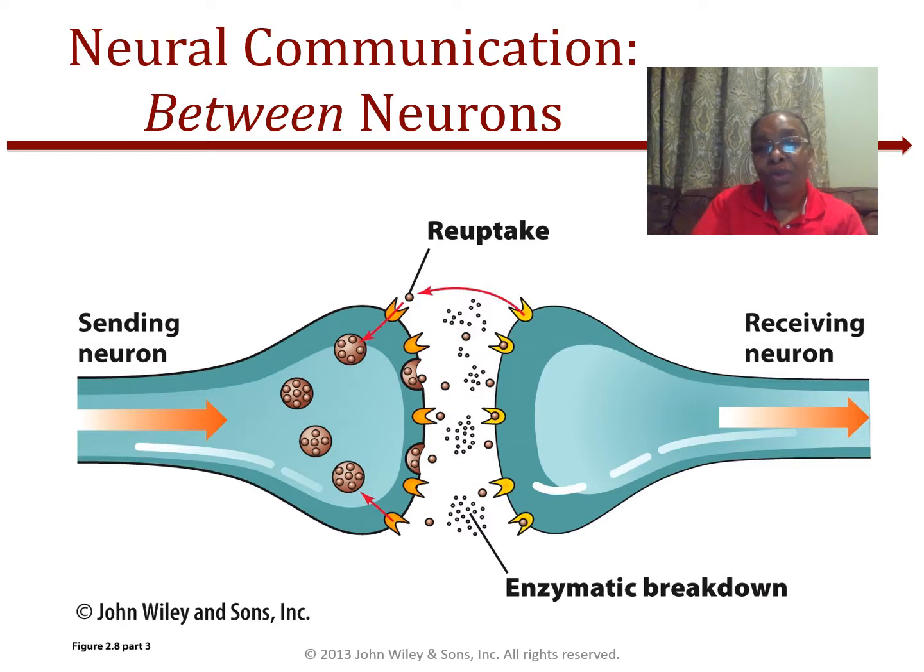Given that some neurons will have thousands of receptors, which are only responsive to specific types of neurotransmitters, what will happen to excess neurotransmitters, or to those that don't fit into those adjacent receptor sites, is that the sending neuron normally will reabsorb the excess, and this is called reuptake, or it'll be broken down by special enzymes.